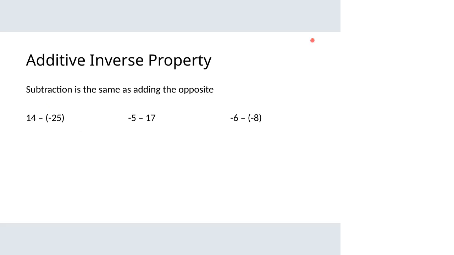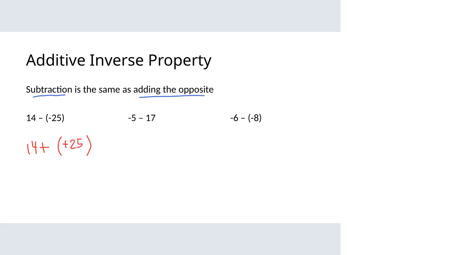But because I know that subtraction is the same as adding the opposite, I'm not going to do 14 minus negative 25. Instead, I'm going to change this problem so that instead of subtraction, I am going to add the opposite.